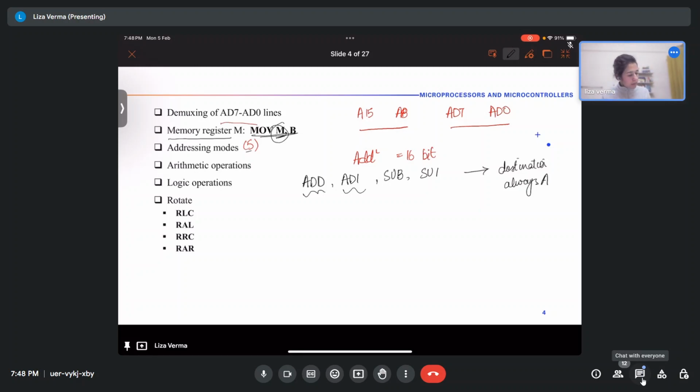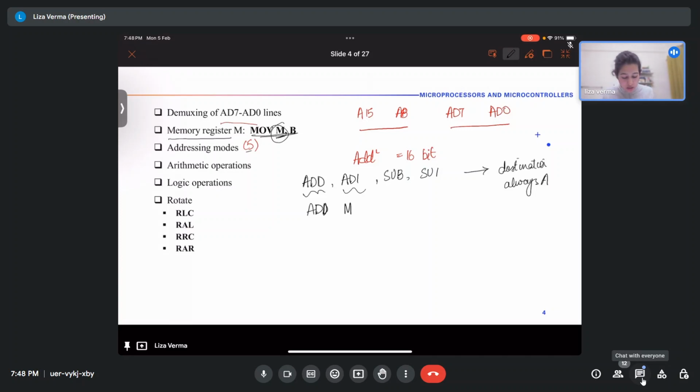Similar to using the memory register, we could have ADD M. I think we just discussed this example. ADD M will do what?